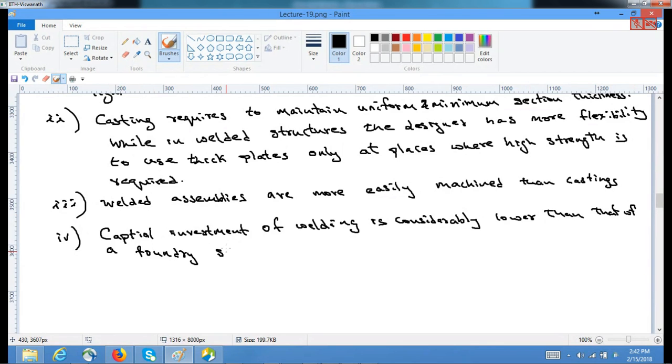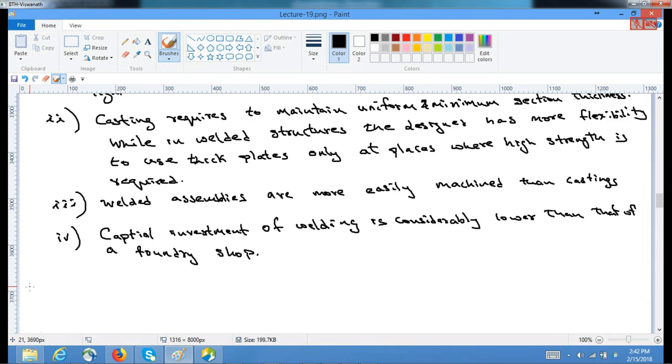There you need to invest for heavy hammers, and not only hammer, in order to forge, you need to have a lot of load cells to engage with the amount of energy that is required to plastically deform the materials. So these are the preliminary advantages of it.